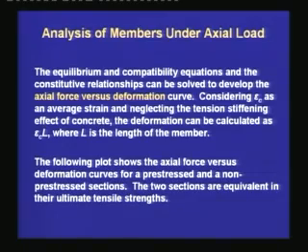The following plot shows the axial force versus deformation curves for a pre-stressed and a non-pre-stressed section. Here, the two sections are considered to be equivalent in that their tensile strengths are the same.